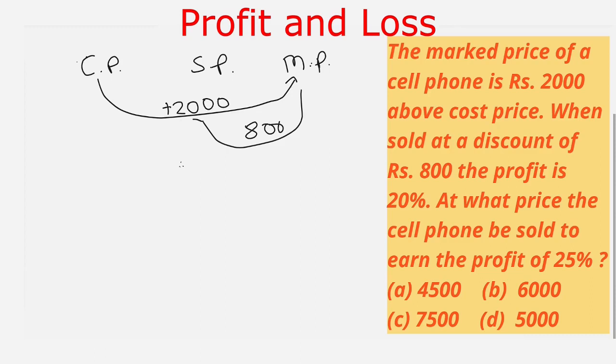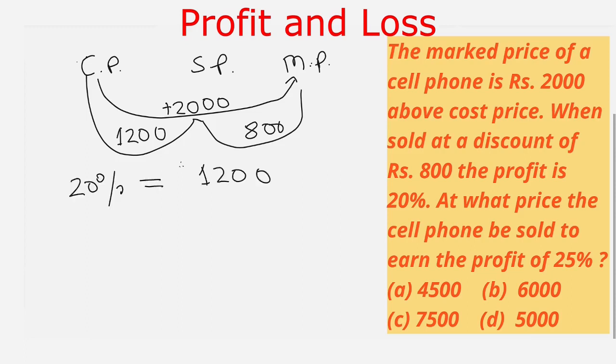Then 2000 minus 800 is 1200, that is, the selling price is 800 below marked price and 1200 above cost price, and it is given that there is a profit of 20% as it is sold at rupees 1200 above cost price. It means that profit is 1200 and it is equal to 20%.